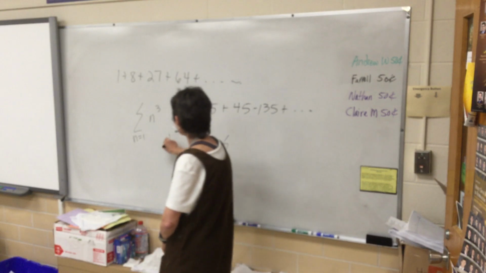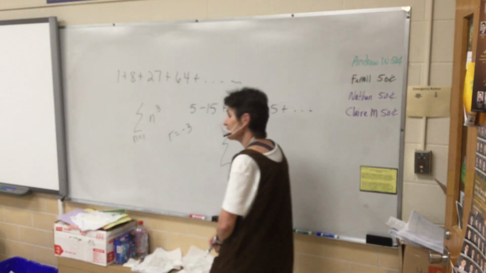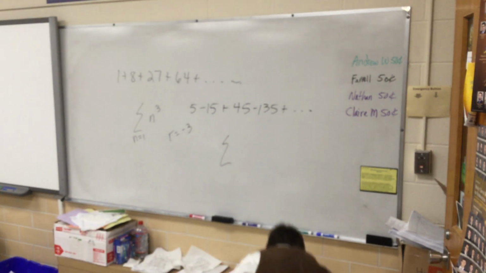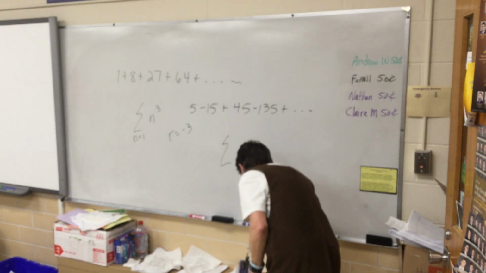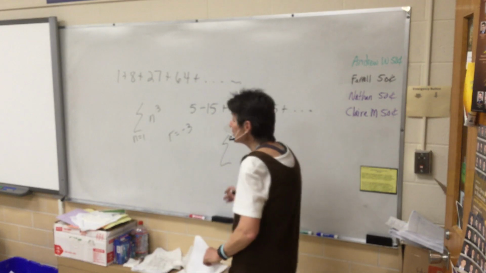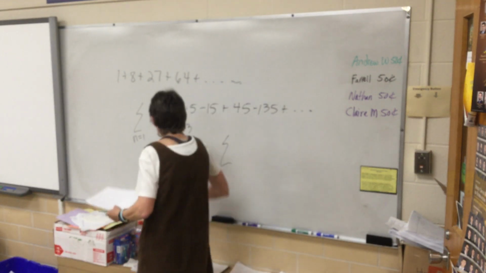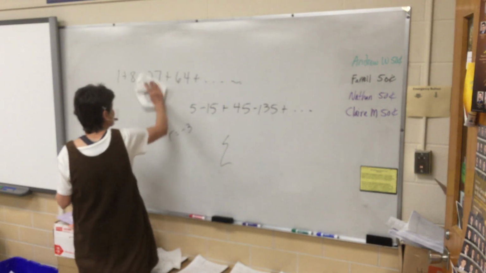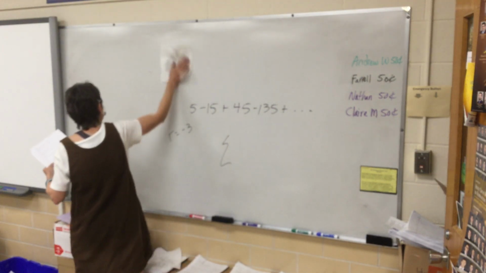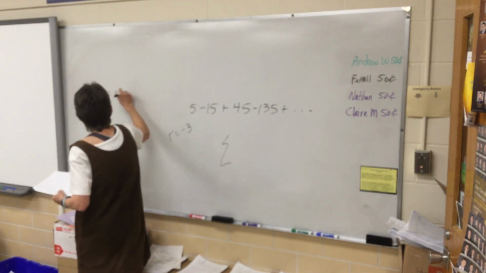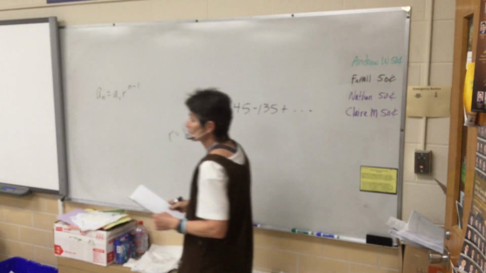So it's geometric and the ratio is -3. So since it's geometric, I need to use my geometric formula, not my arithmetic formula. So our geometric formula, remember, for terms is a sub n equals a sub 1 r to the n minus first.